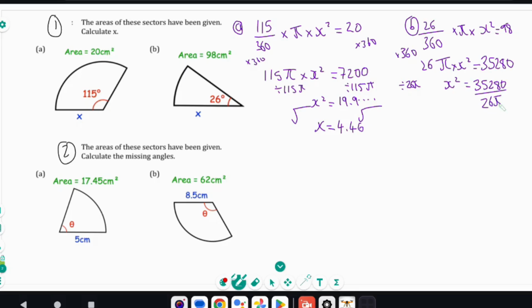And then square root the answer. I'm going to just put this one a bit differently. Which gives us x is the square root of 35,280 over 26 pi, 20.7. No, 20.8 to three significant figures.